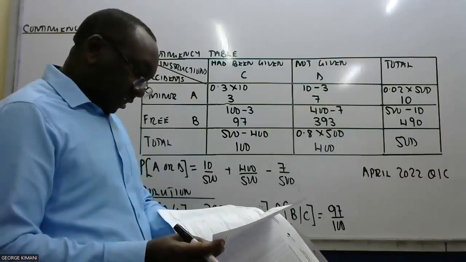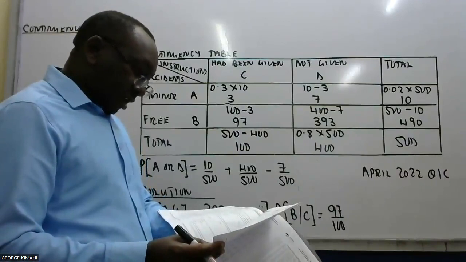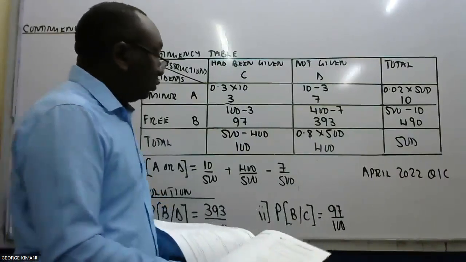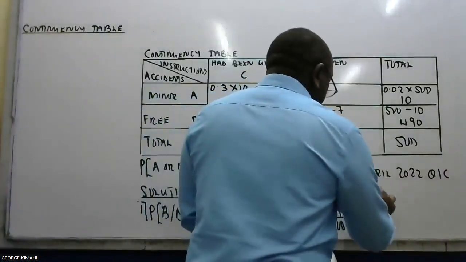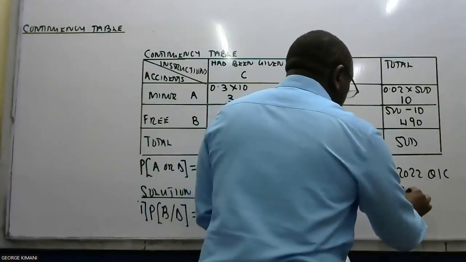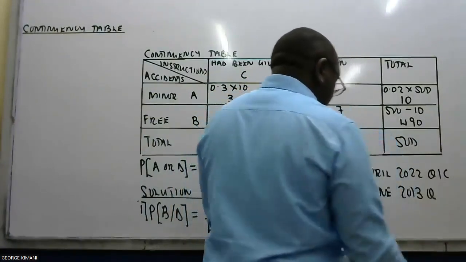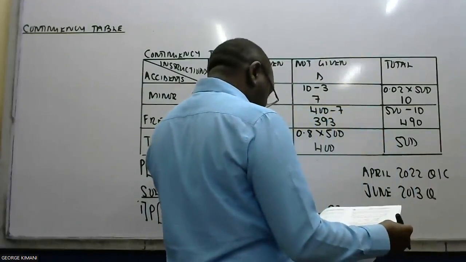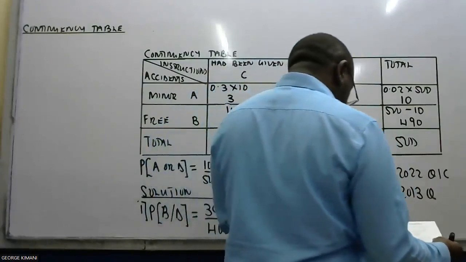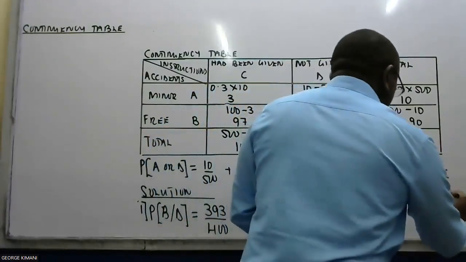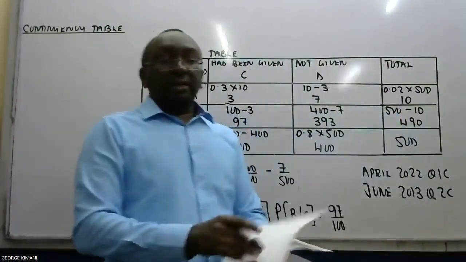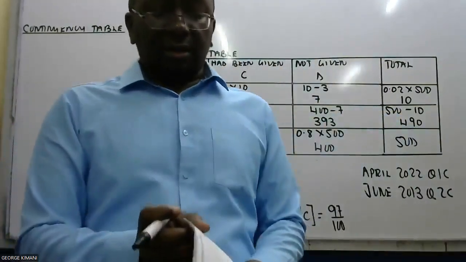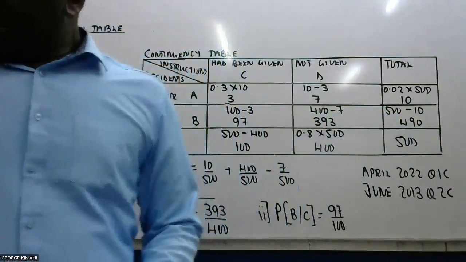Page 58 is one of June 2013, question 2C. June 2013, question 2C. Okay.